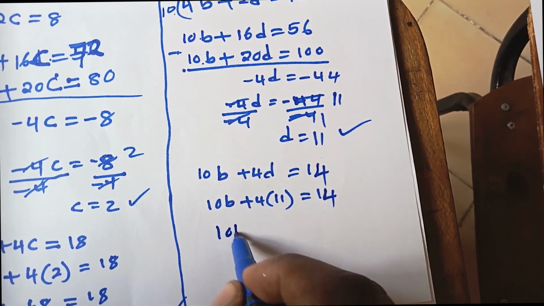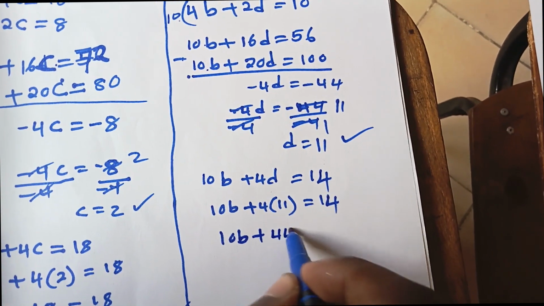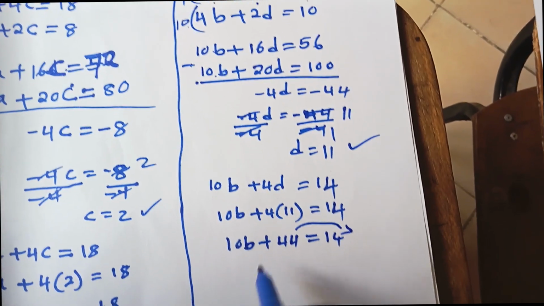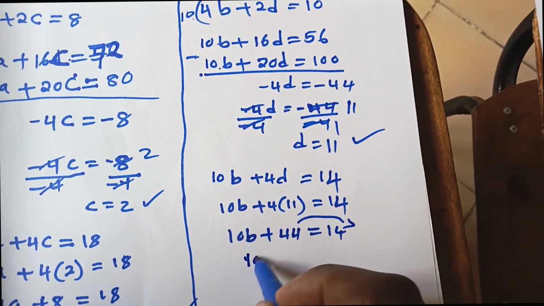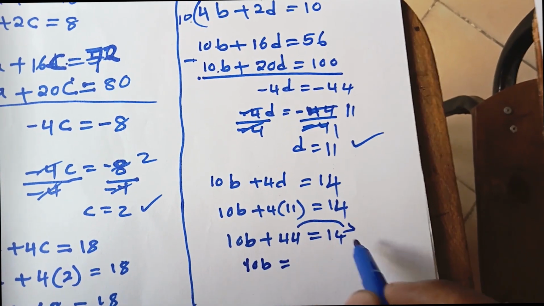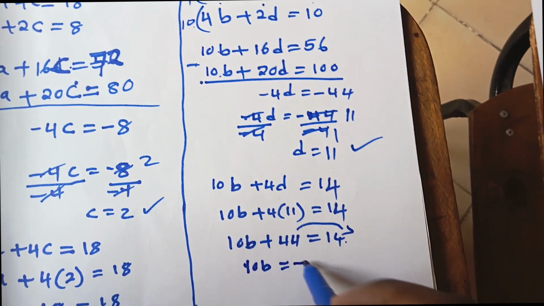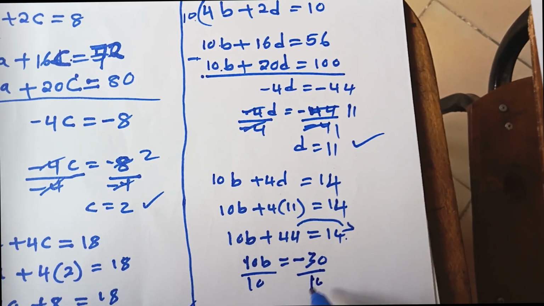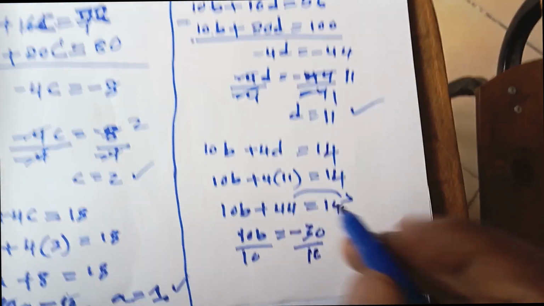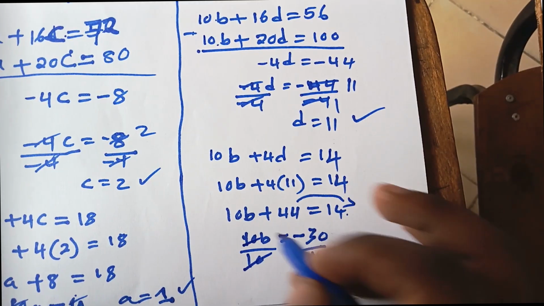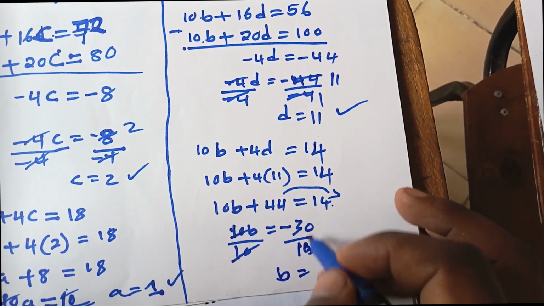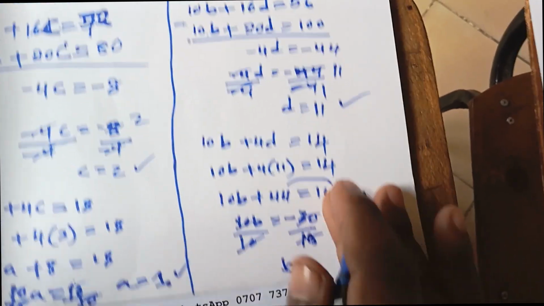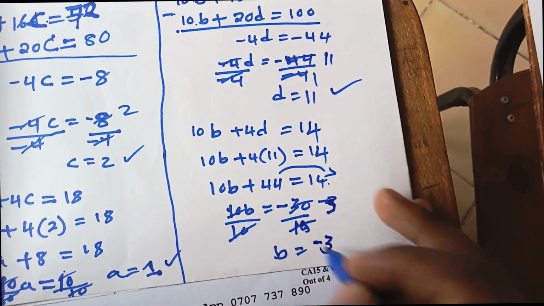So you have 10B plus 44 equals 14. I have to take this 44 to the other side, so you have 10B equals 14 minus 44, which is negative 30. You divide by 10, so our B equals negative 30 divided by 10, which is negative 3. So our B is negative 3.